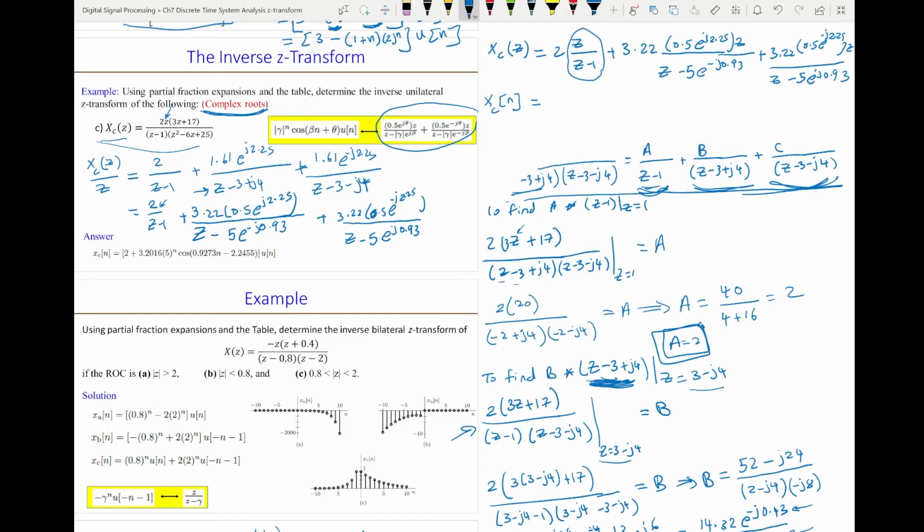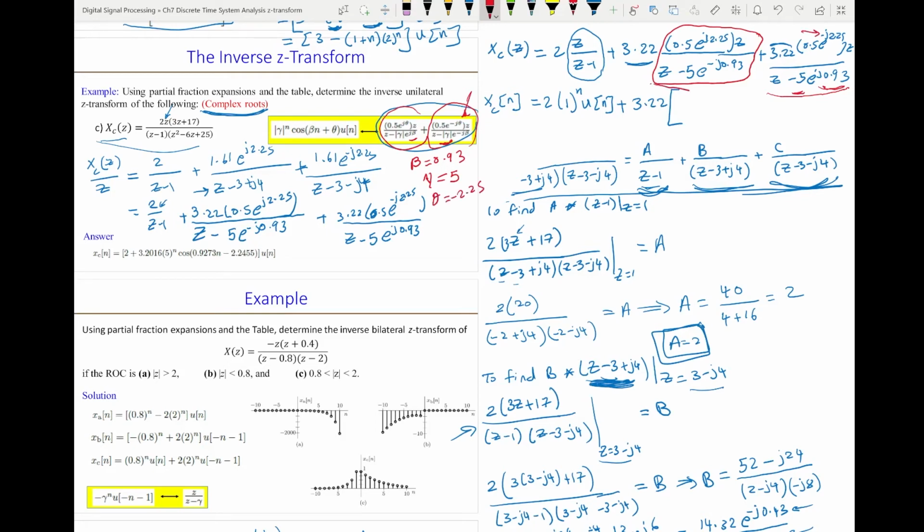We used it in the previous, so that will be 2. Gamma is 1 and u of n plus. Now I can take this 3.22 here out. Now when I compare these terms to this term and here to this term, because here j beta will be this one, j 0.93 positive. So by this comparison, beta equals 0.93, gamma equals 5, theta here equals this one, minus 2.25.